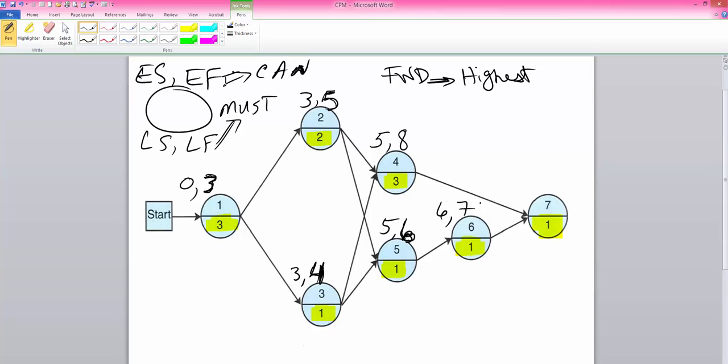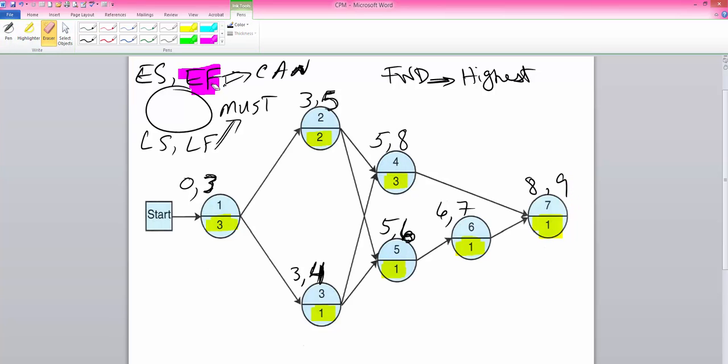Plus 1 is 7. And then for activity 7, again, the forward pass rule applies. We pick 8. 8 plus 1 is 9. So this project can be finished in as early as, remember earliest finish time? This project can be finished in as early as 9 weeks if we do everything right and everything is aligned for completion in the same manner that the time estimates have told us.